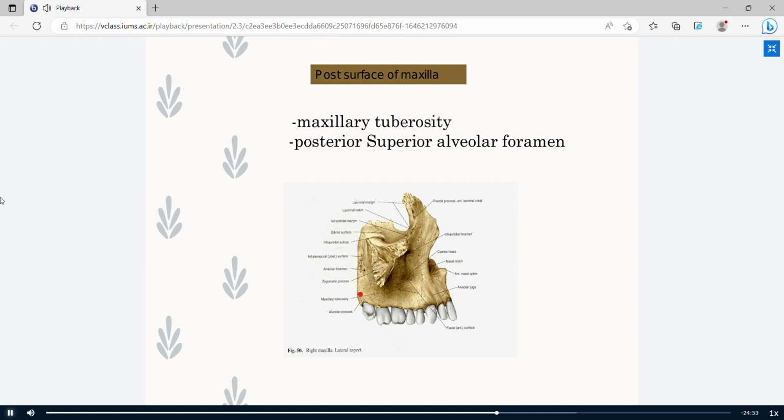On the posterior surface, you can see alveolar canal for passing posterior superior alveolar vessels and nerve. And behind the third molar tooth, there is a tuberosity. This is the maxillary tuberosity, located behind the last molar tooth.